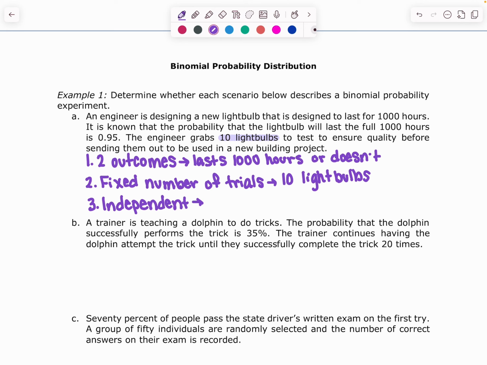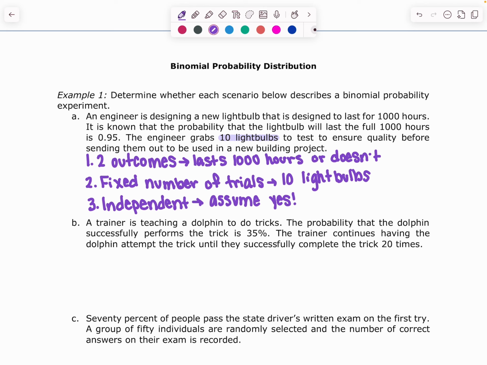Maybe if we knew that they were coming off of the same machine, but we don't know that either. So we're going to assume yes, because we don't have any clear information to say that they aren't independent.